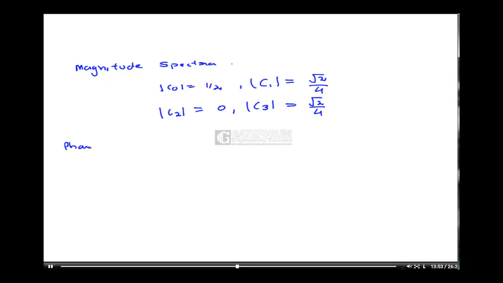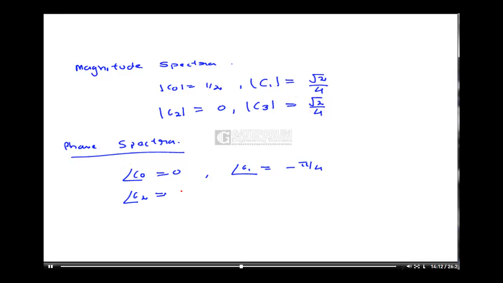Phase spectra: angle at C0 is 0, angle at C1 is minus pi by 4, angle at C2 is tan inverse 0 by 0, which becomes undefined, angle at C3 is pi by 4. Okay, this way the magnitude spectra and phase spectra are drawn.